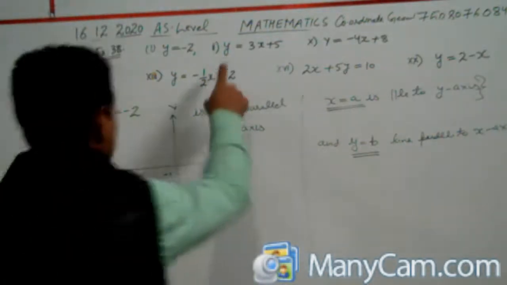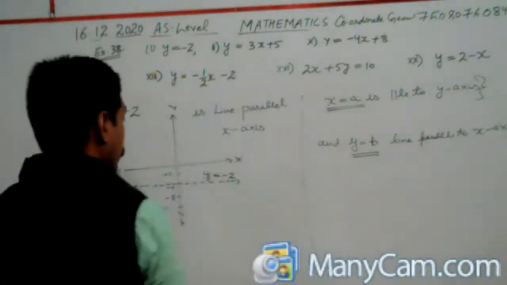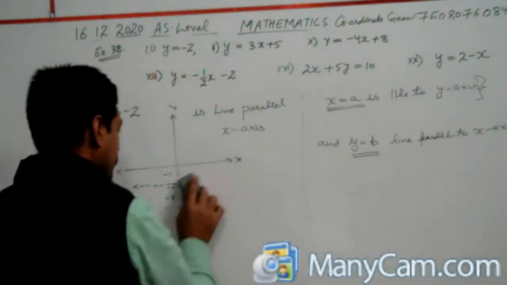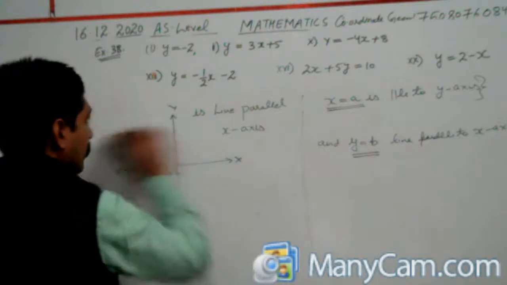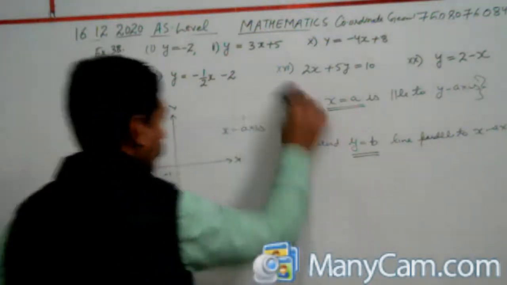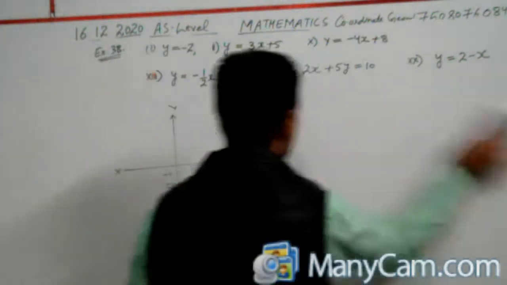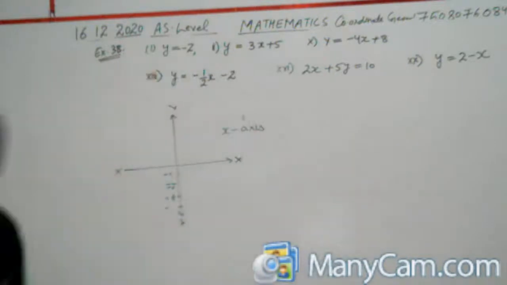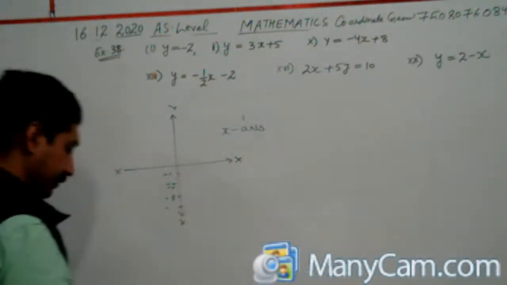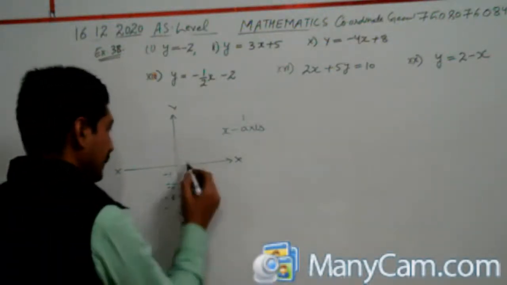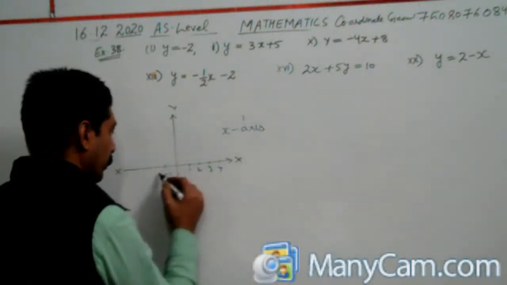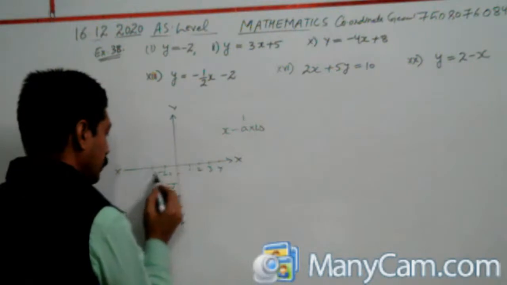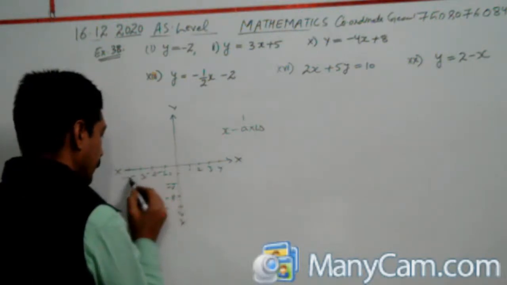The second part is y is equal to 3x plus 5. Marking the axes 1, 2, 3, 4 and minus 1, minus 2, minus 3, minus 4.